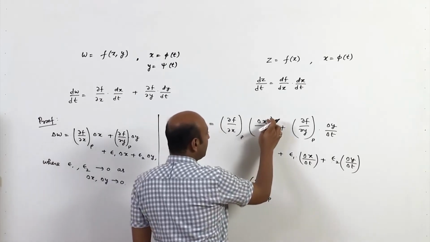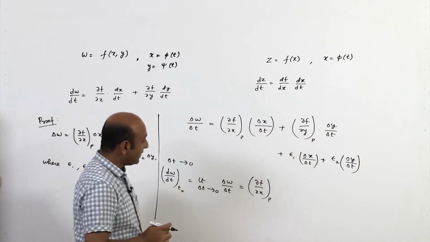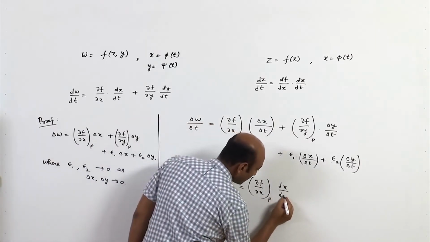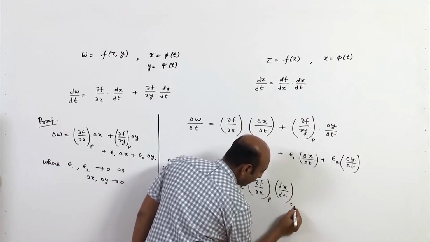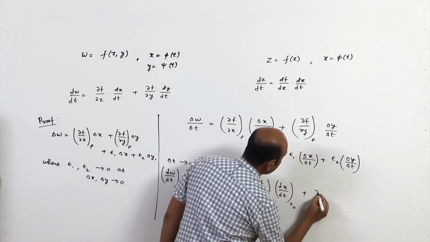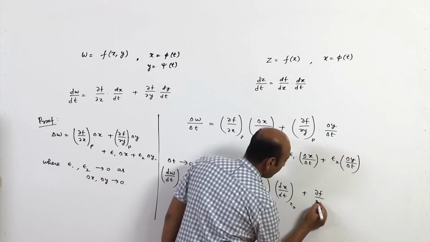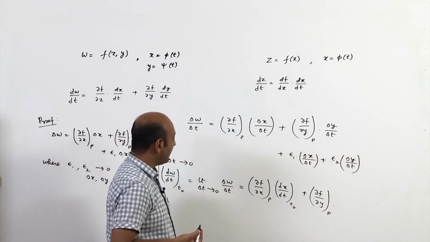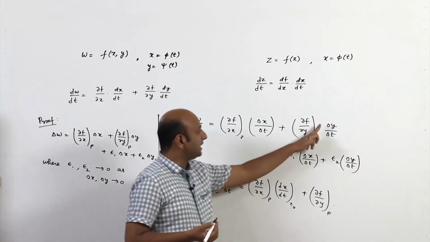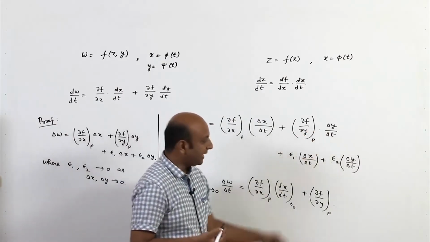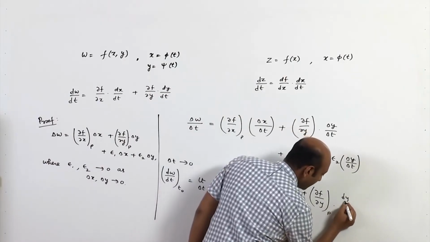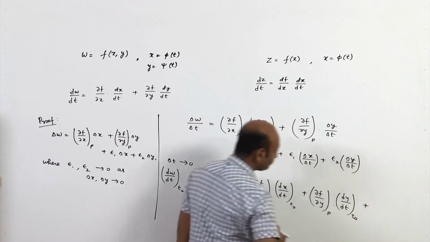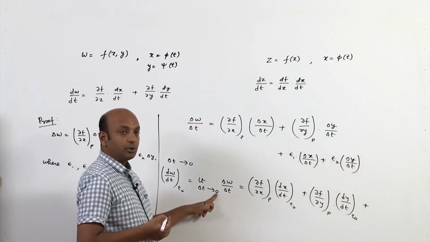Now, delta x upon delta t when delta t tending to 0 is dx upon dt, and we are taking at a point t naught plus delta f upon delta y at p into, again when delta t tending to 0, delta y upon delta t will tend to dy upon dt at t naught plus.